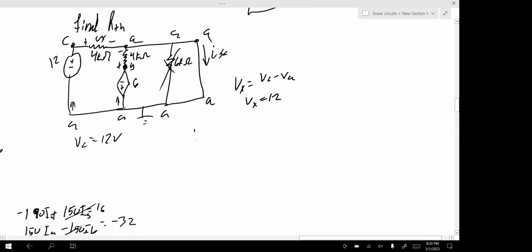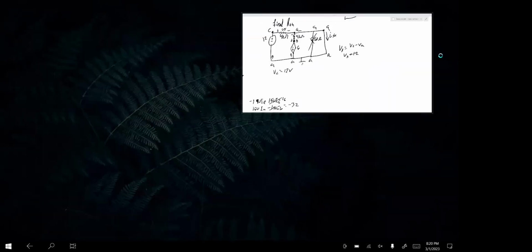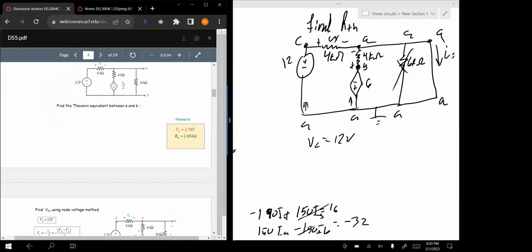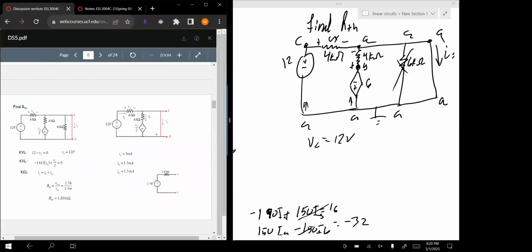I think we should KCL node A, because then we'll get VC minus VA over... Oh, no. You can't KCL your ground node. Wow, I'm really tripping up on this one. Short circuit, KVL: 12 minus VX. VX is 12. Okay, we got that.